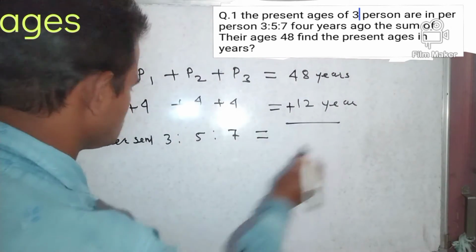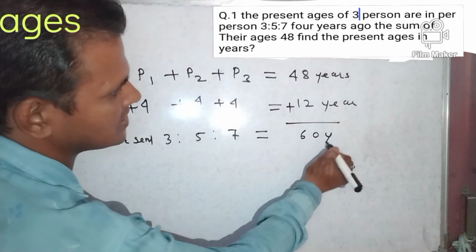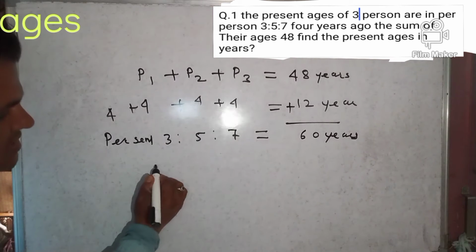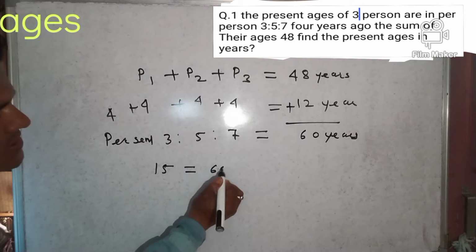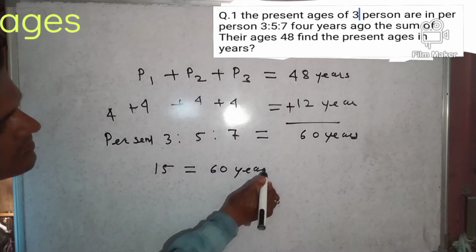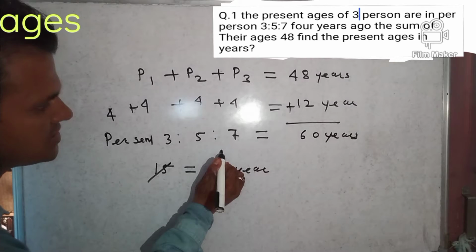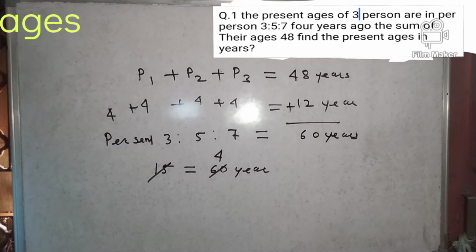So the present age will be the sum of the 3 persons, 60 years. 3 plus 5 plus 7 is equal to 15, and 15 is equal to 60 years, right? So 15 units is 60, and 1 unit is equal to 4. Our target is to find the present ages.